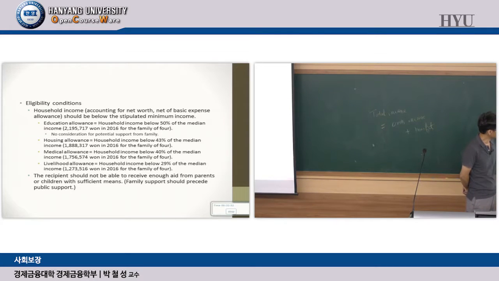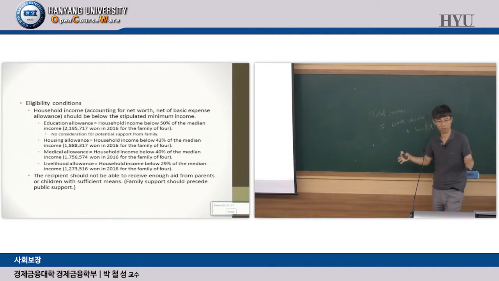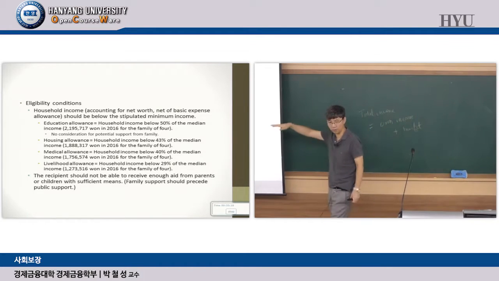Okay, now if you compare actually to the old program, the livelihood allowance has the lowest threshold, and this threshold is actually above the old threshold. Okay? So in 2015, the welfare program has more people in its rolls because they basically raised the threshold.